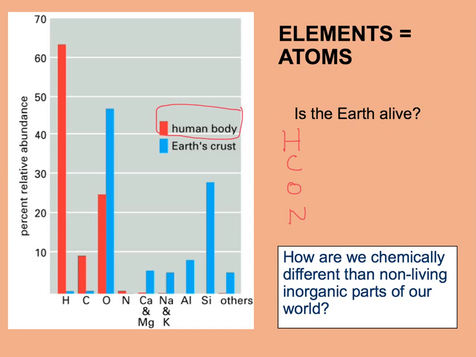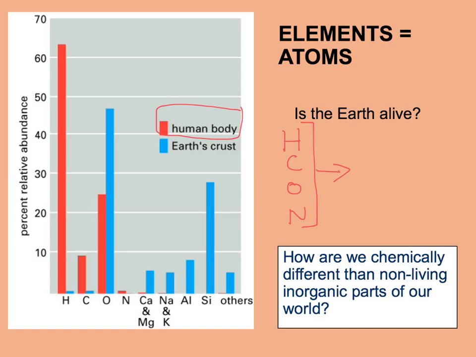As a matter of fact, tons of oxygen in the Earth's crust, very little nitrogen, but calcium, sodium, aluminum, silicon, and others. Hydrogen, carbon, oxygen, and nitrogen are the main elements that drive the formation of life on Earth.